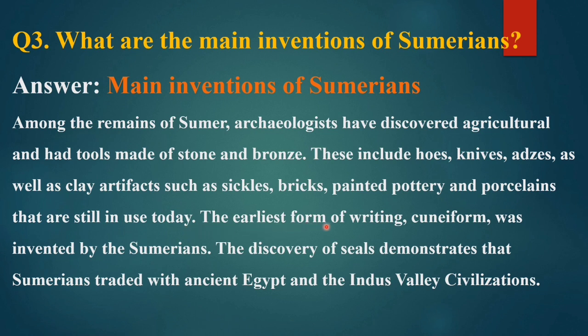The earliest form of writing, cuneiform, was invented by the Sumerians. The discovery of seals demonstrates that Sumerians traded with ancient Egypt and the Indus Valley civilization.